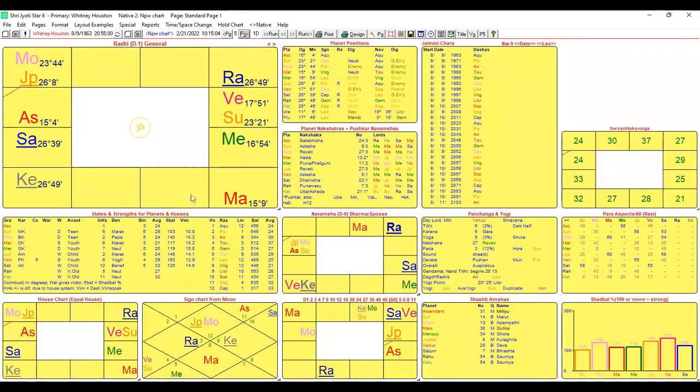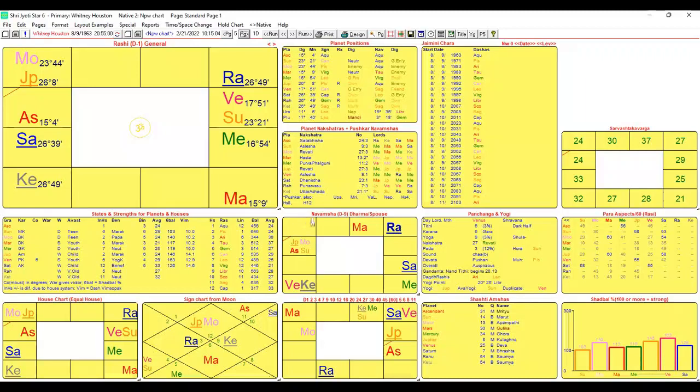Like, I personally consider Mars the most destructive planet. That can be possible, because I think there's some mistake in this Shadbala. These are shown in graphical form, but if I calculate it manually, Mars is not that good, because in Shadbala we talk in terms of rupa.